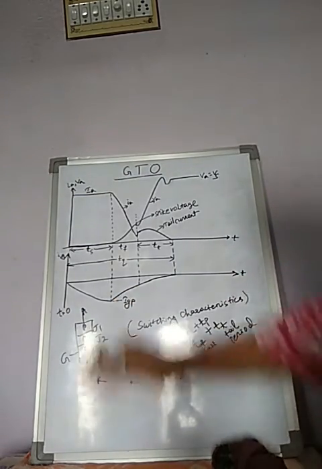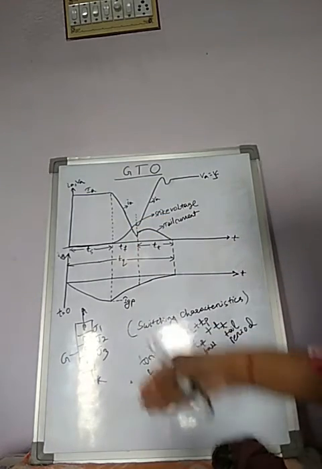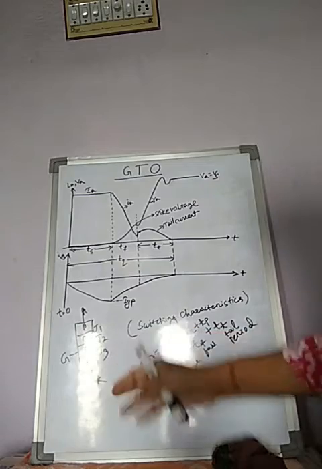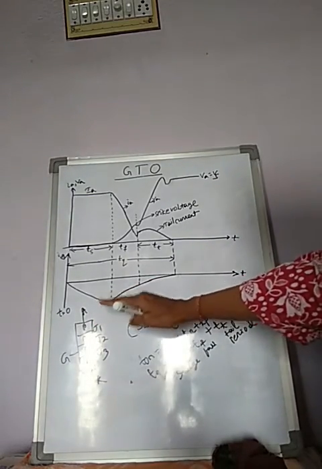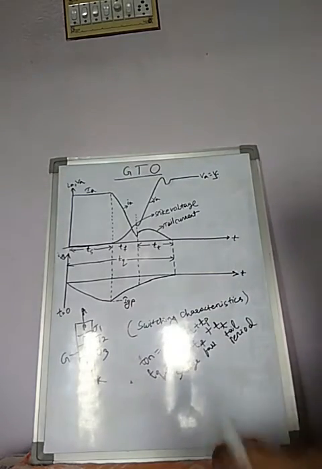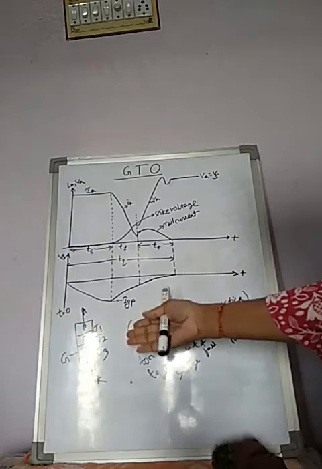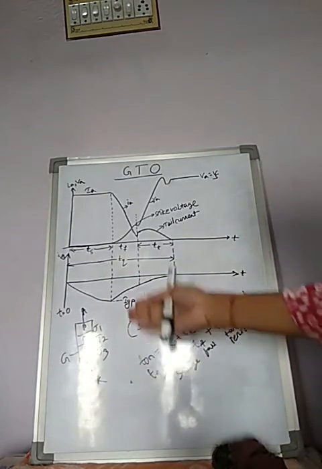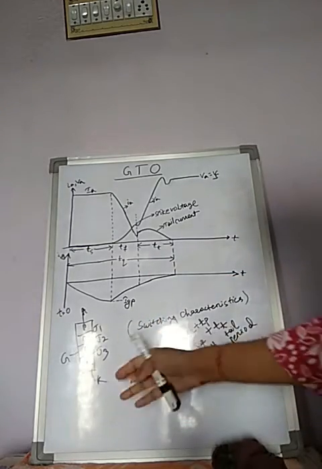It rises to a particular value and prepares the GTO to turn off by flushing out the stored charge carriers. So while increasing the gate current up to the peak level, what it does in this GTO device is flush out the stored charge carriers.